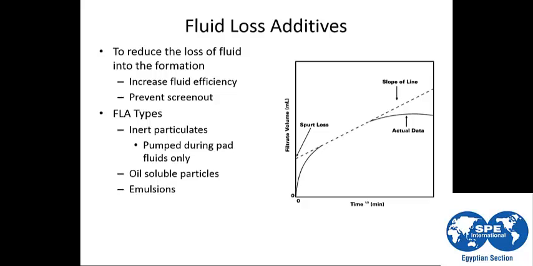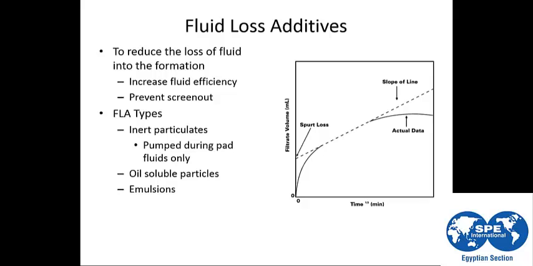This means what? The fluid efficiency, in another term, is the volume of the fluid lost inside the reservoir compared to the fracture fluid remaining inside the frac itself. Okay, so the fluid loss additives are very important for the term of the fluid efficiency.